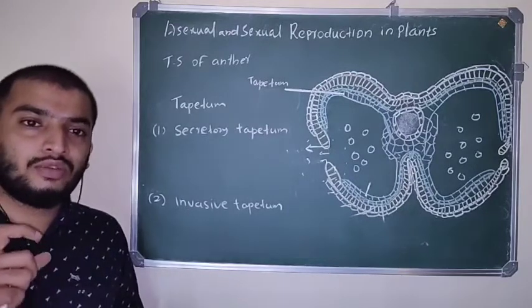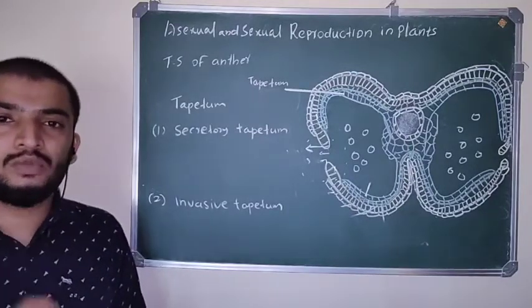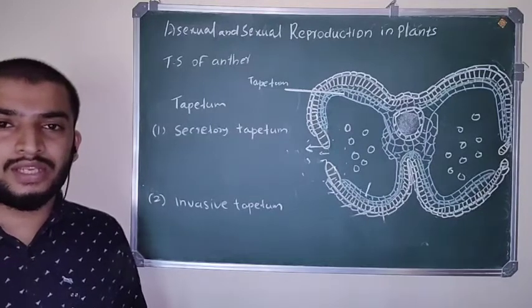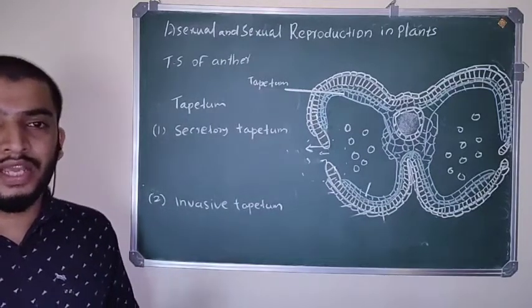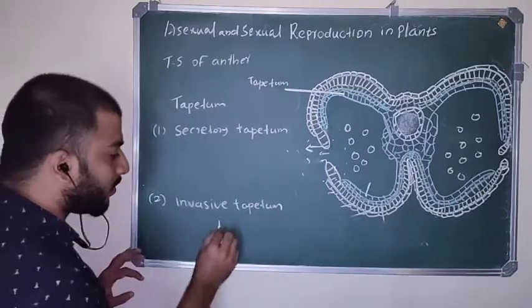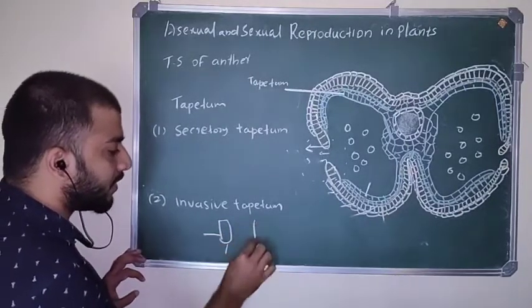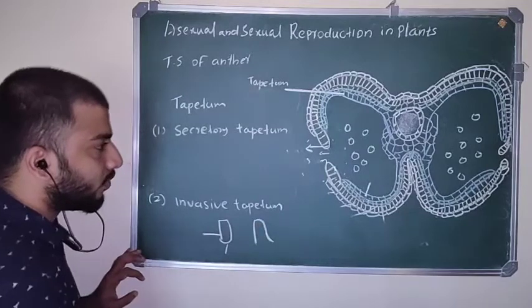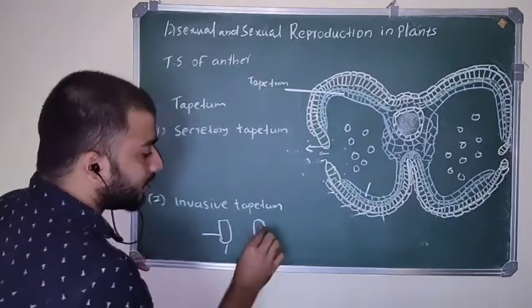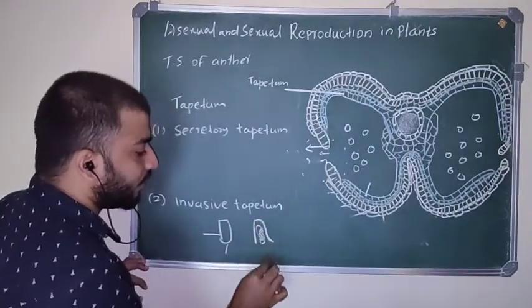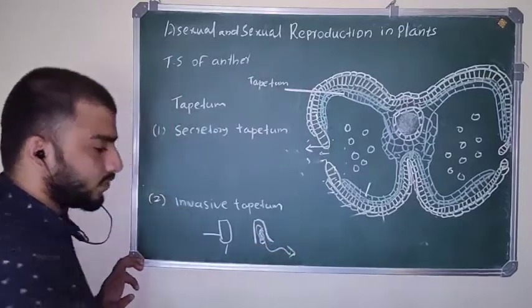But in the case of invasive or periplasmodial tapetum, here is the difference. The radial walls and tangential walls of the tapetum cells break. So what happens? The protoplast content of these cells leaks out.